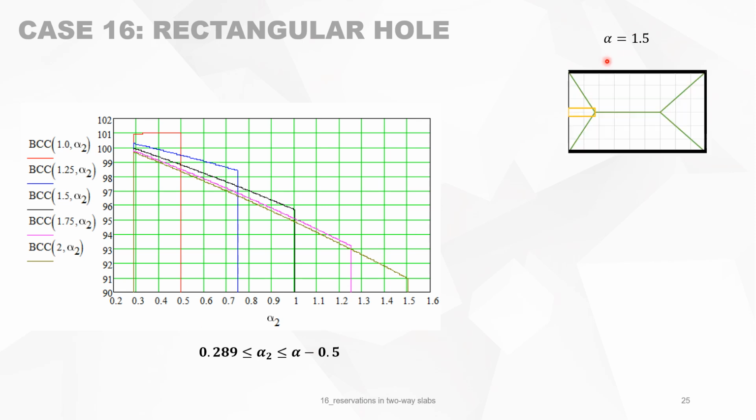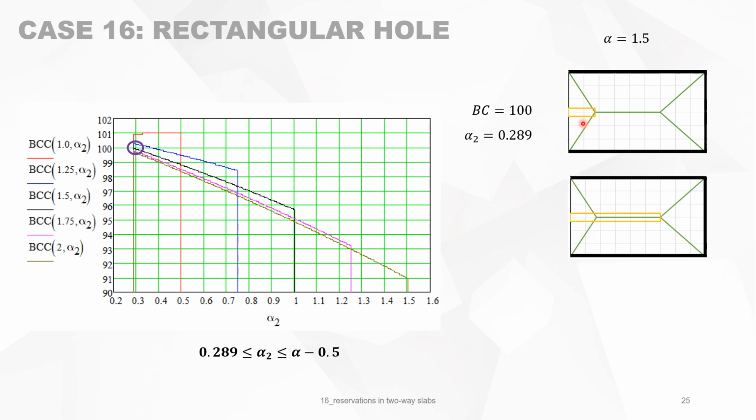So for instance, alpha is 1.5. Visualize it. This is the left border, and you see alpha 1.5 is the black curve, is this point. Alpha 2 is 0.209, and BC is then, if you fill in the formula, 100%. So that's okay. Why is this 100% the bearing capacity? Because we have not got any yield line.